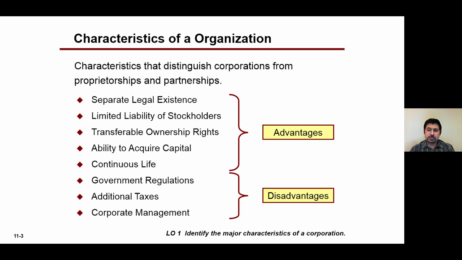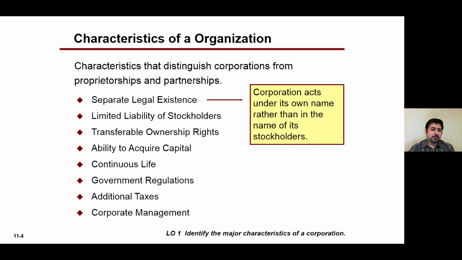There are several characteristics of organizations, and we have talked about many of these, and they distinguish a corporation from partnerships and proprietorships. The main importance is that they have certain advantages and disadvantages. So basically, a corporation is a separate legal entity.